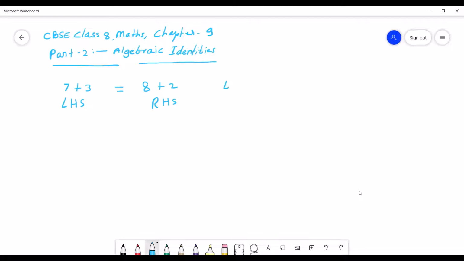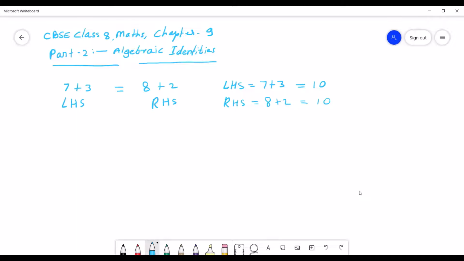If on the left hand side I add 7 plus 3, I get 10. As well as in the RHS, the right hand side, when I add 8 plus 2, I am getting 10 only. It means that the left hand side as well as the right hand side is satisfied.